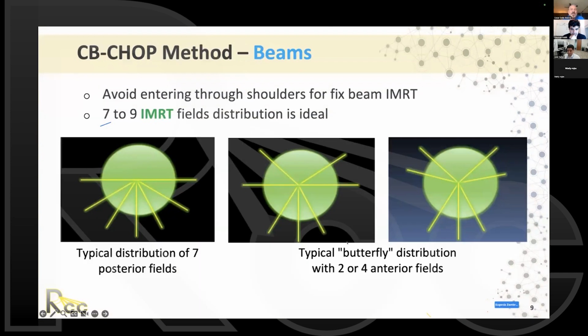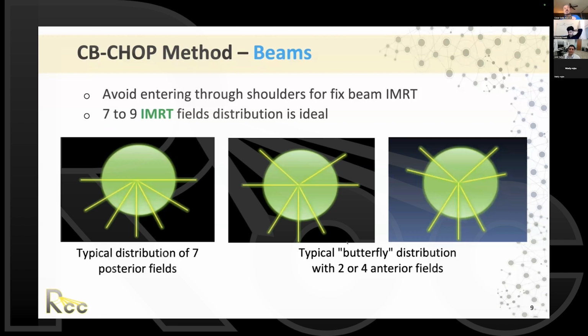Okay, so now we're going to move to the B of the CV shop methods, which is beams. So basically here, you know that the planners, dosimetrists, or medical physicists are going to be in charge of selecting the most appropriate beams to deliver the radiation to the patient.